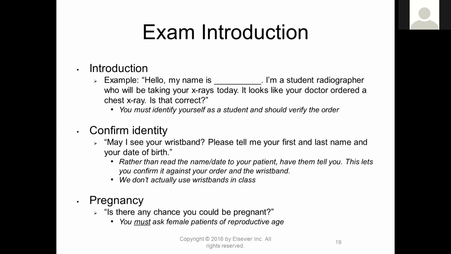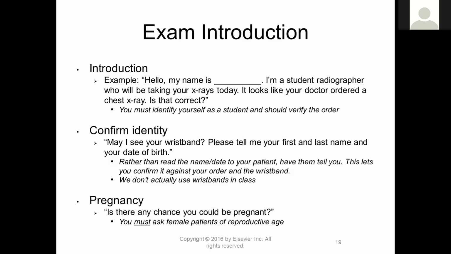If you have an extremity, such as an elbow, what I recommend is not saying to your patient, we're going to x-ray your right elbow. You're going to say something along the lines of, I have an order to x-ray your elbow. Which one is injured? That way the patient will tell you, and you can match that with the order. And if it's incorrect, you'll catch it before you x-ray the wrong side.